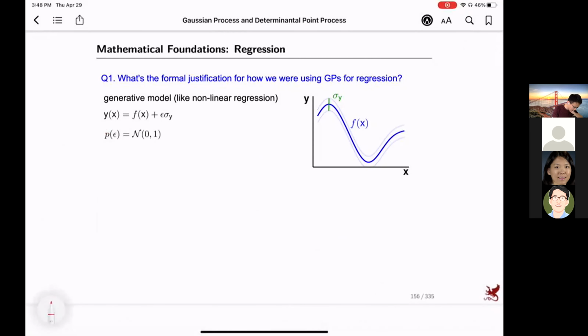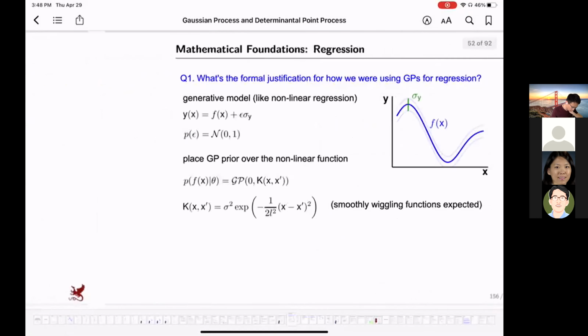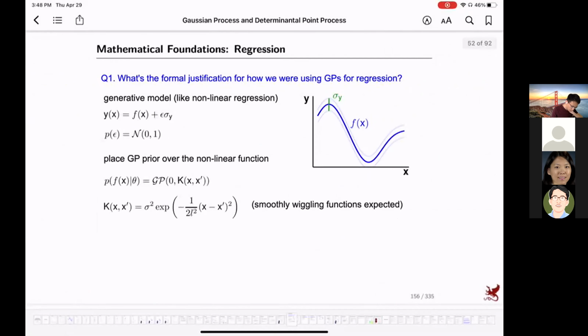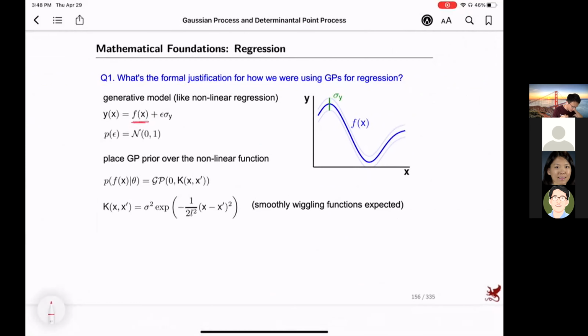We have this setup y equals fx plus this noise, and we can put some distribution on this noise, say normal 0, 1. Then we can also place this Gaussian prior on all possible fx functions. So here there are really two different randomnesses. One is this fx we want to use to do prediction for x. The other is the explicit noise term we included in the y function.